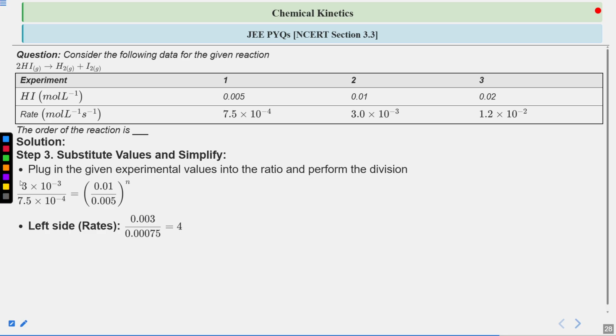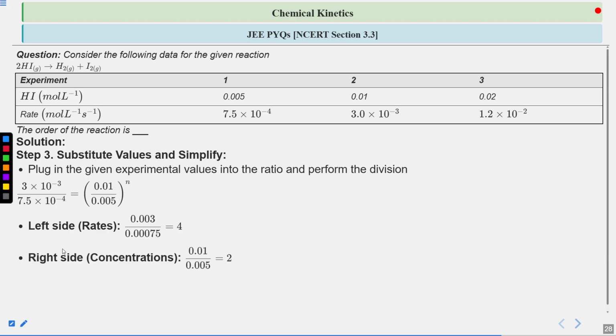Something like 3 multiplied by 10 to the power minus 3 means 3 can be written as 3.0, and minus 3 in the power of 10 means the decimal moves three places to the left, and that's how you get 0.003. So if you solve this fraction for rates, it equals 4.